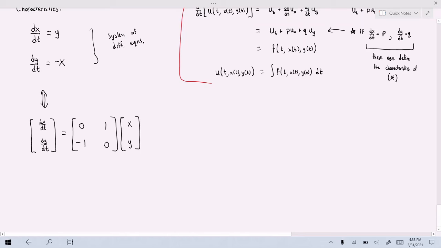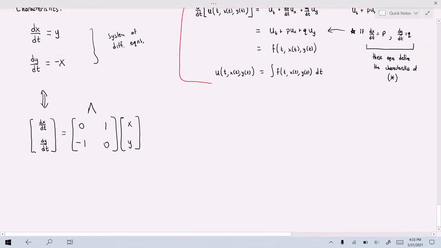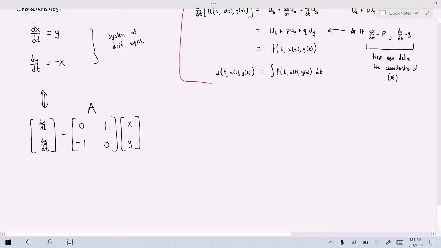All right, so it's a linear system of differential equations. So let's talk a little bit about that. I'm going to call this matrix A right now. So in general, let's say x is a vector valued function, and you've got a linear differential equation of this form, just like we have over here.